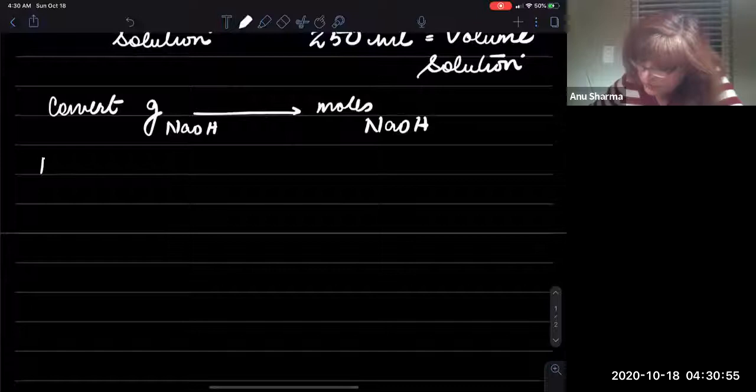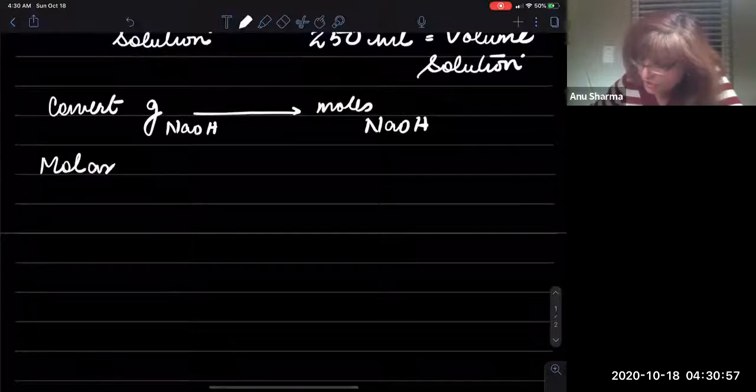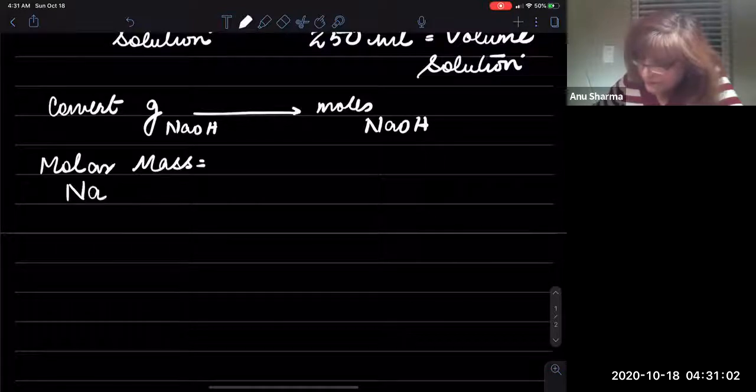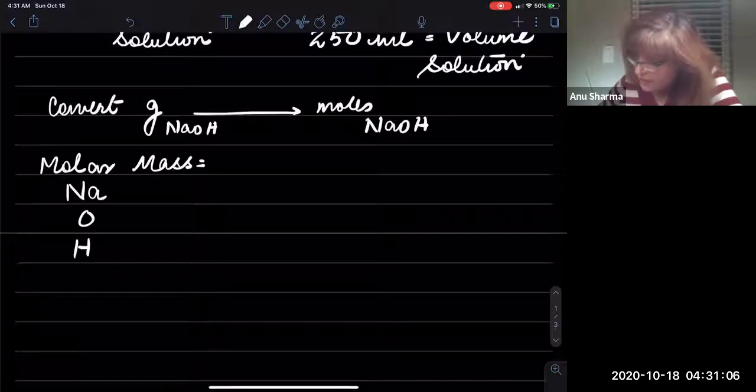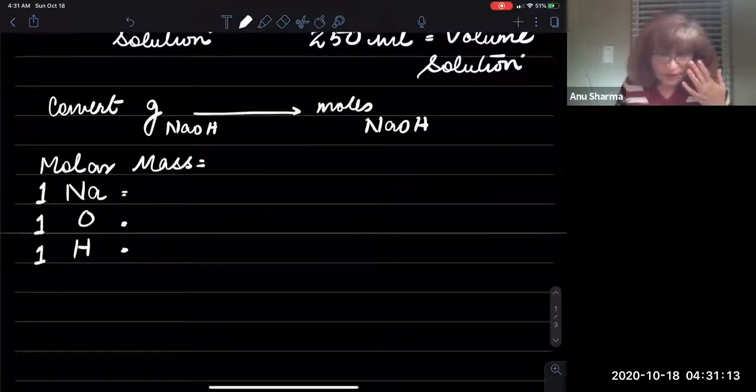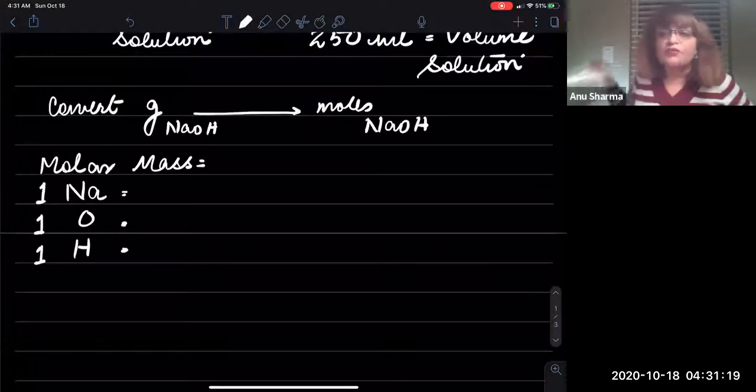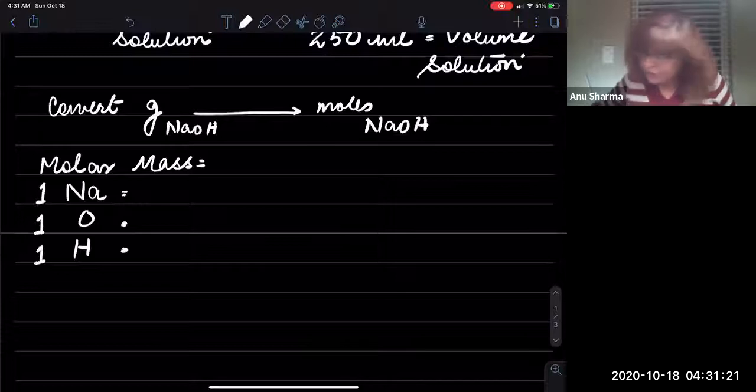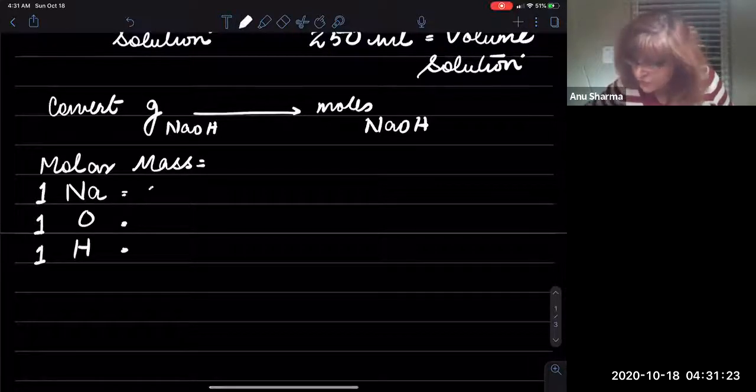So let's calculate the molar mass of NaOH. The components are sodium, oxygen, and hydrogen: sodium is 1, oxygen is 1, and hydrogen is 1. The weight of sodium from the periodic table is 22.99, and it's okay to use 23 grams.